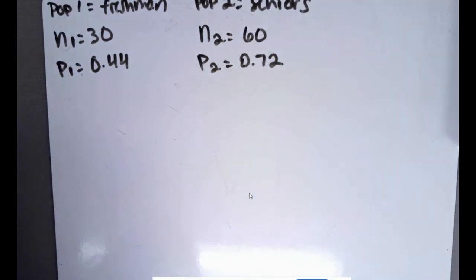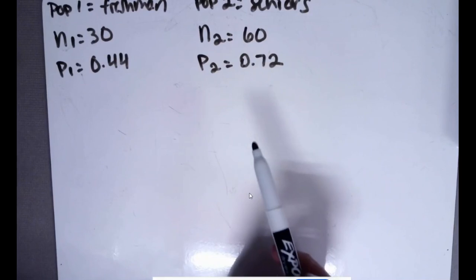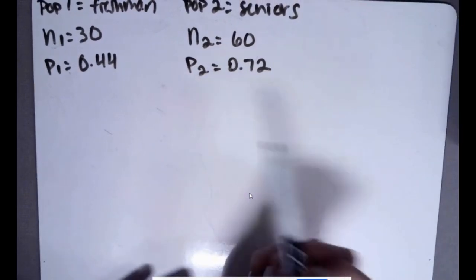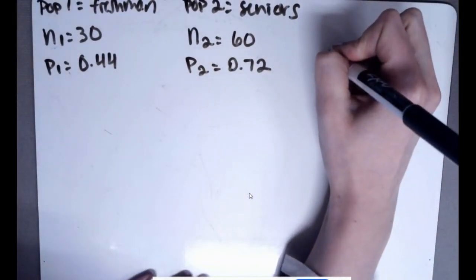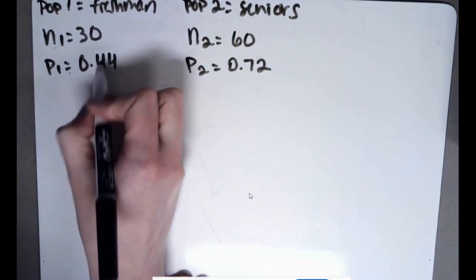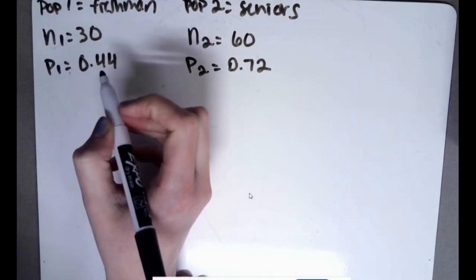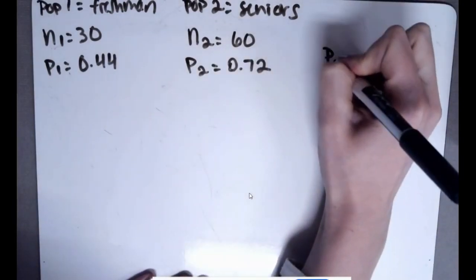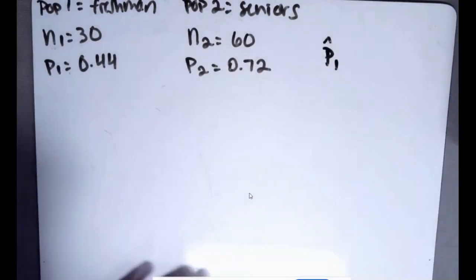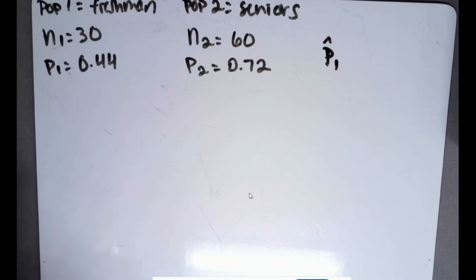And again, in this case, success means that a student is wearing Crocs today. Now, what we're investigating is the difference between the proportions from our samples. So when I take a sample from the freshmen and I calculate the proportion that are wearing Crocs, that is p1 hat because it comes from a sample, not a population.